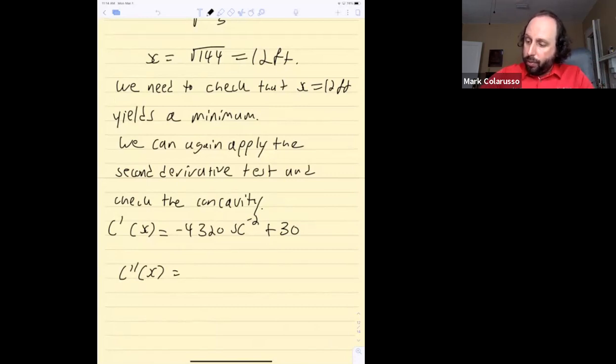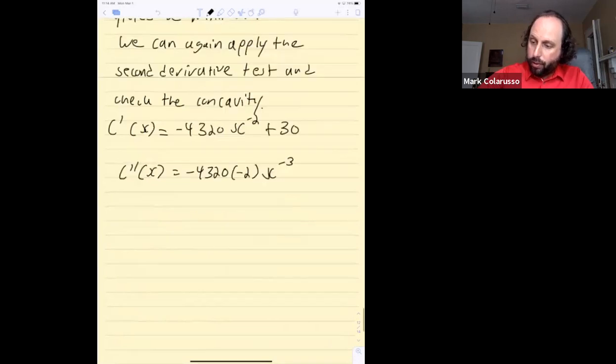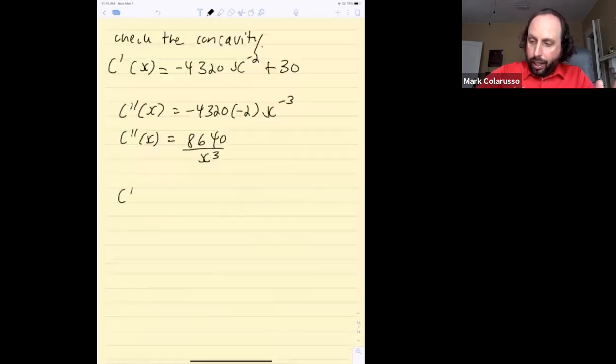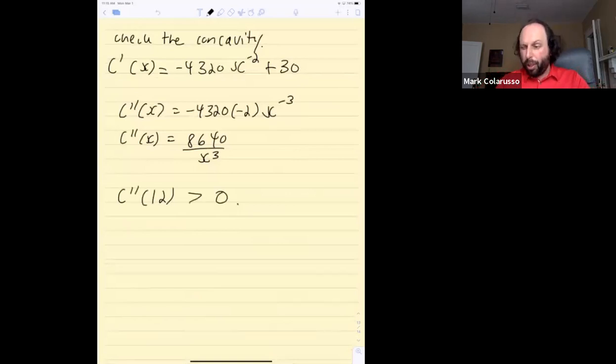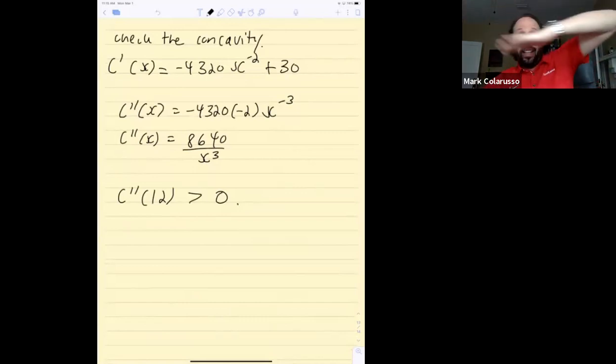So the second derivative is minus 4,320 times minus 2, x to the minus 3. And so this second derivative, again, turns out to be 8,640. That number doesn't really matter, over x cubed. And again, whatever this number is, it's clearly positive. If you plug in 12, it's clearly a positive number, okay? So by the second derivative test, the graph is bending up at the point where the tangent is flat.